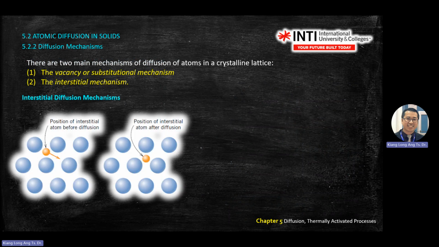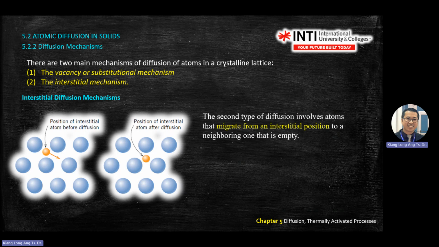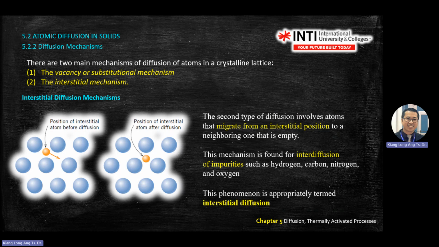Okay. Now, more important is how diffusion happens. Before this, it was vacancy or substitution mechanism. This one is interstitial. Interstitial means there are alien atoms, or impurities, moving around in the space. How can this kind of case happen?